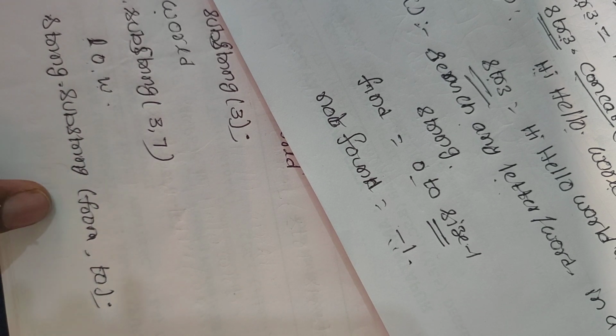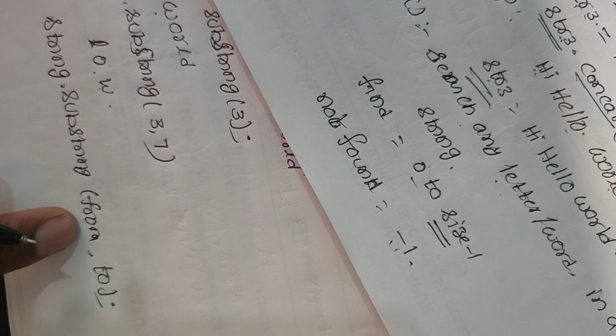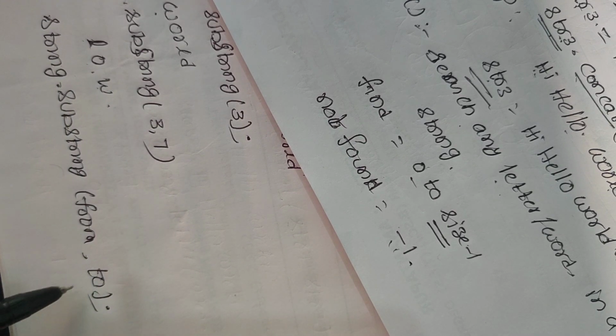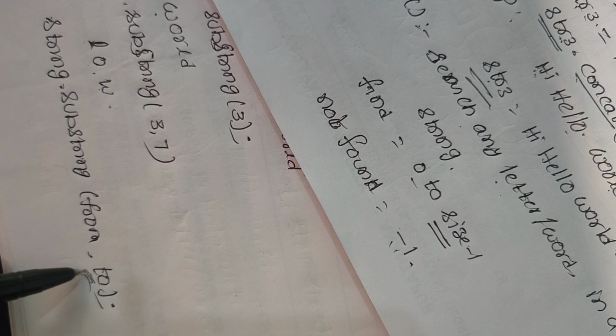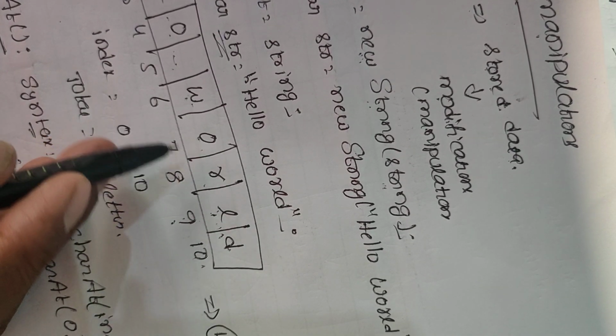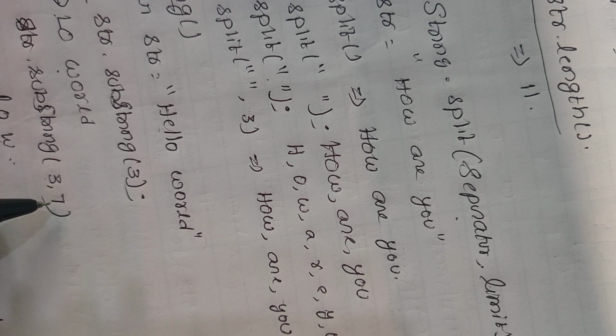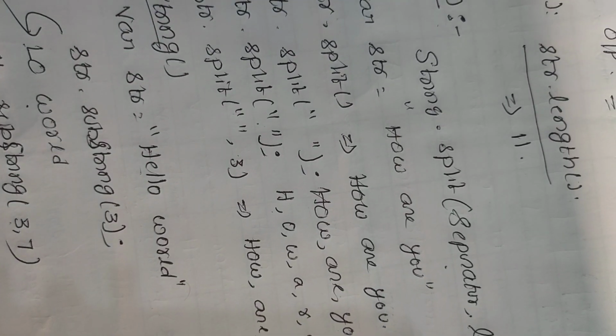It does not include the to index. Actually the seventh letter is the O, but it is not included, so we take from the third character to the sixth character. This is the substring concept.